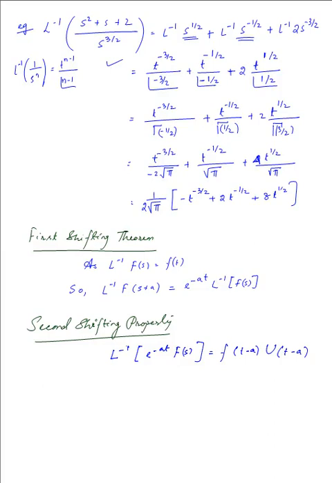As for the second shifting theorem, the Laplace inverse of the exponential of negative a s multiplied to the transformed function f of s is equal to the function of t minus a times the unit step function of t minus a.